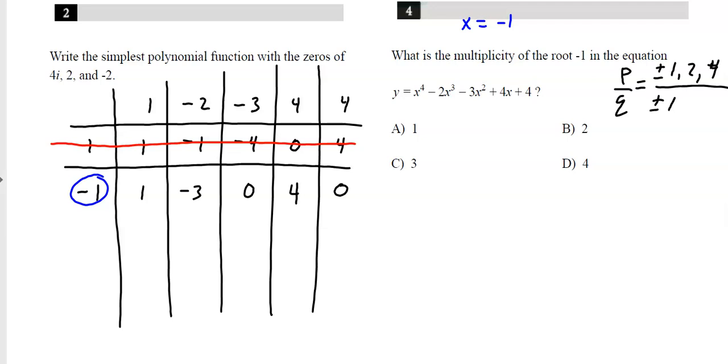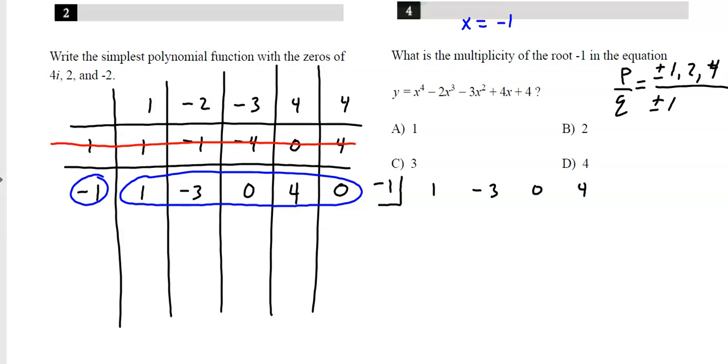So let's use this right here to keep going. I'm going to use that, 1, -3, 0, 4. And let's see if -1 goes in there again. So bring it down, multiply, add, multiply, add, multiply, add. So there's another one. There's another -1.